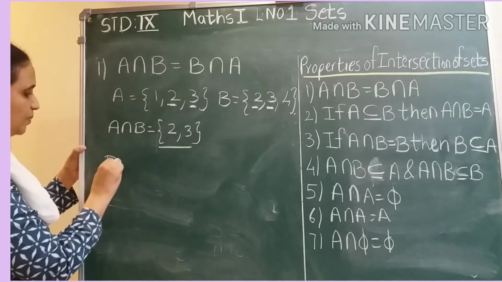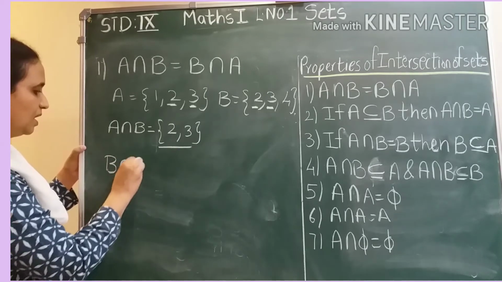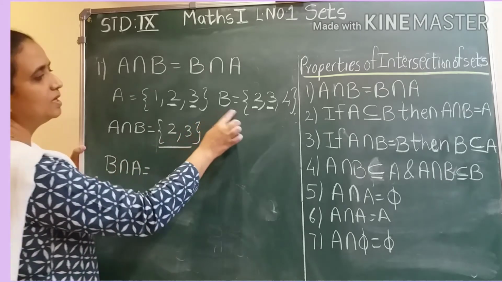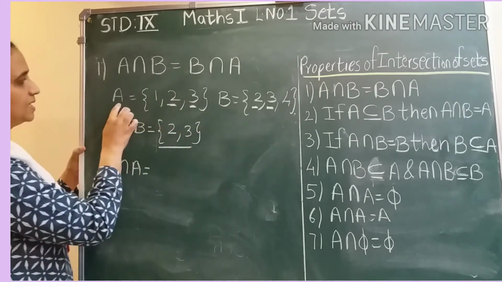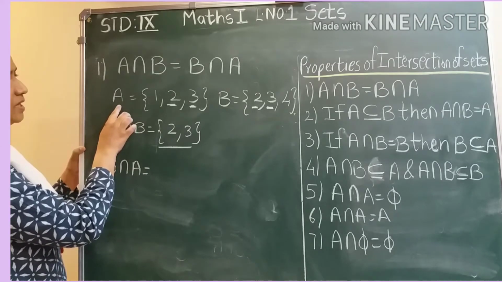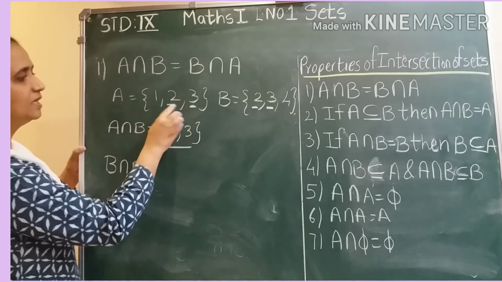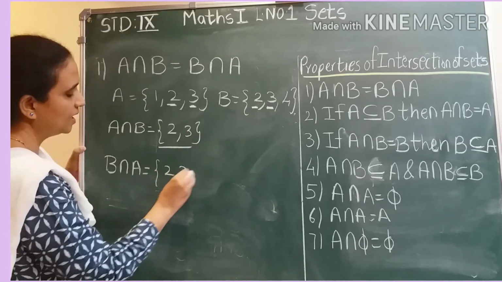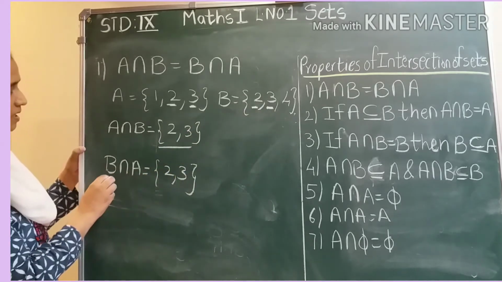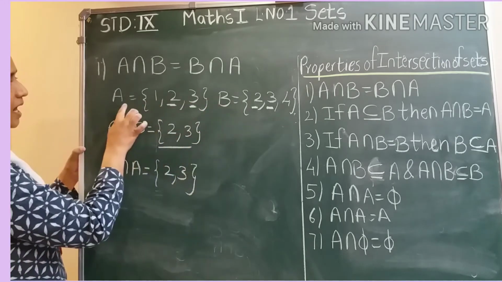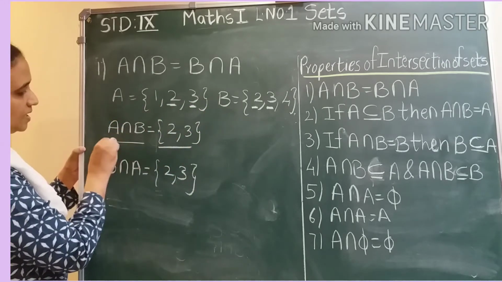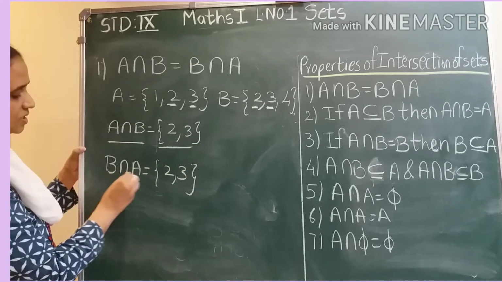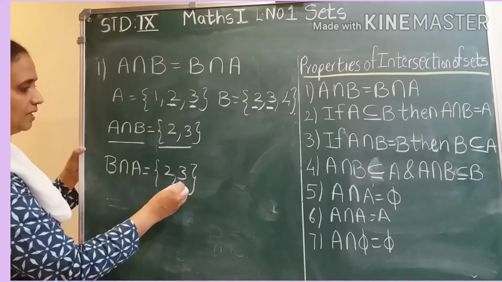Now, if I write B intersection A, what will be B intersection A? The elements which are common in set B and in set A. So, which are those elements? Over here again we get these two elements only which are common. So, 2 and 3 are the elements which are common in the sets B and A. So, A intersection B is 2 and 3 and B intersection A is also 2 and 3.